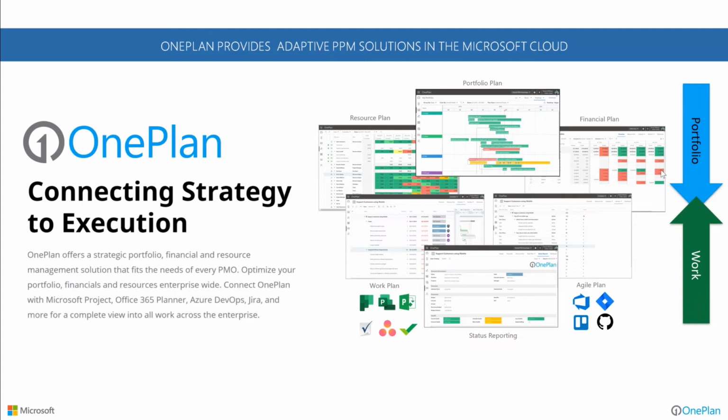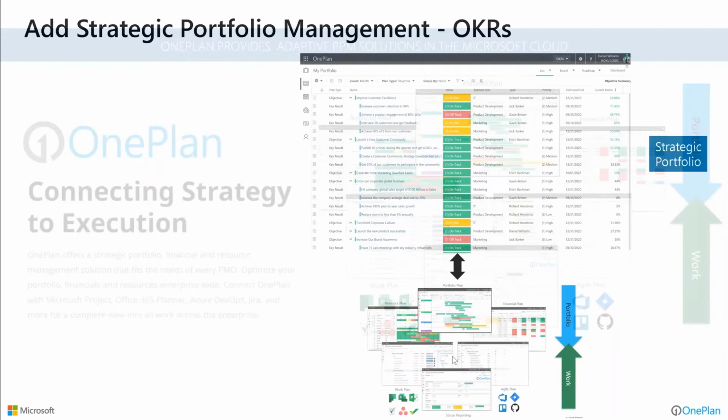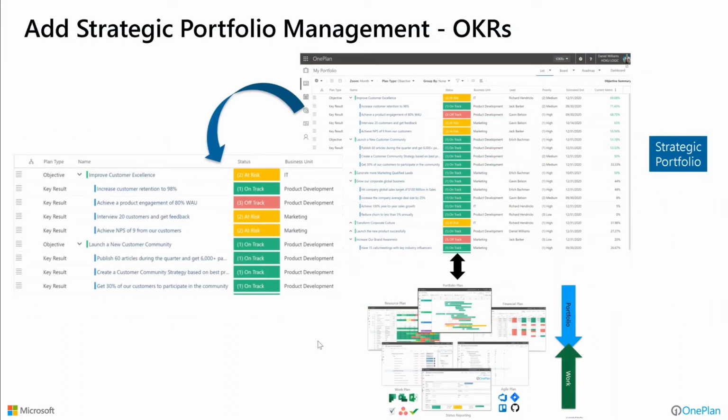We're really trying to bring bottom up and top down to marry capacity and demand. So the first dimension that I talked about is the strategic portfolio management, where you actually need to understand initiatives that impact key results.